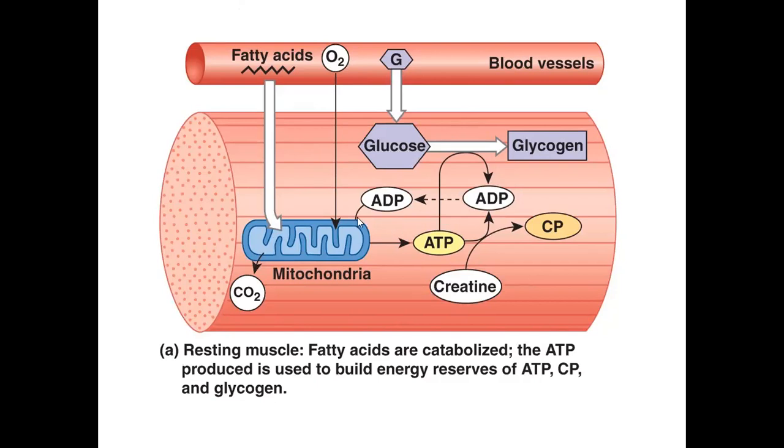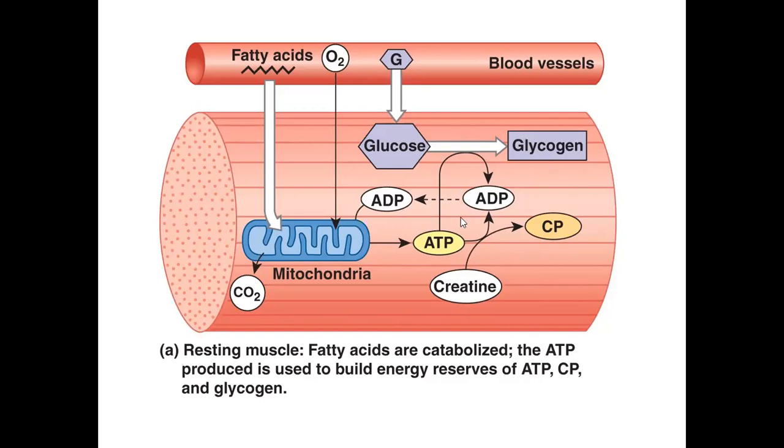Now, when we have ATP being generated, we have a flood of ATP in the cytosol. That ATP will be used in addition to the sodium potassium pump, in addition to the calcium pump. It will be used for phosphorylation of the creatinine so that you have phosphocreatinine.